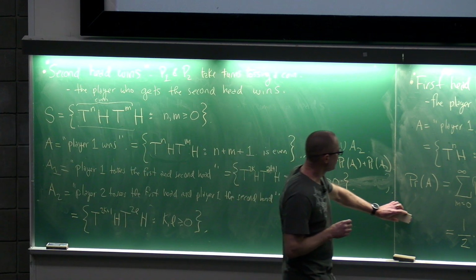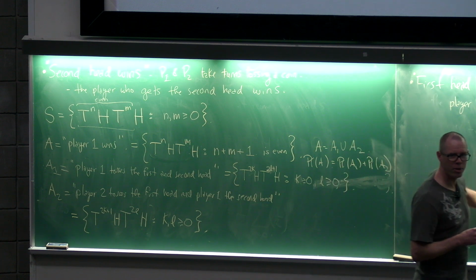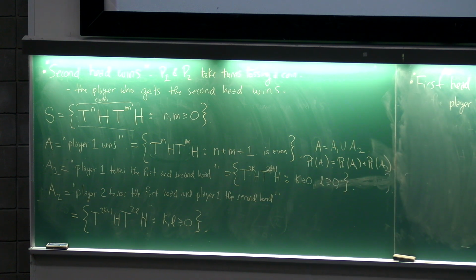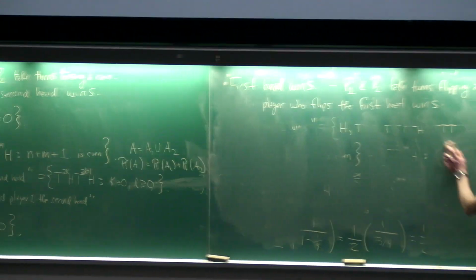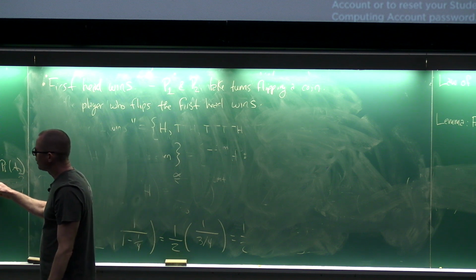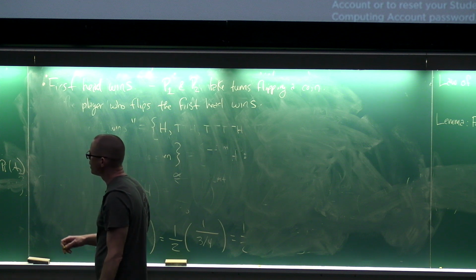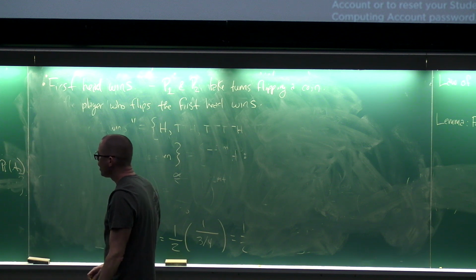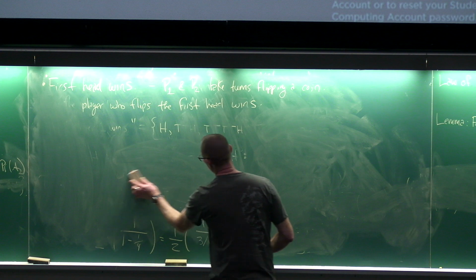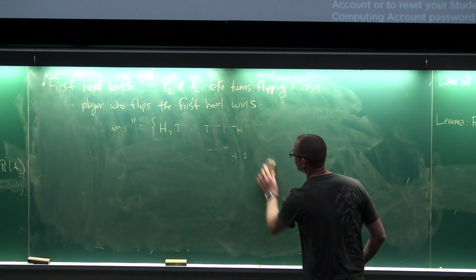So we just need to calculate these probabilities of A1 and A2, and we're done. Should be easy, right? k is, well, it depends which one you're asking about, but in this one, k is the number of tails before the first head divided by 2, and l is the floor of the number of tails before the first head divided by 2.